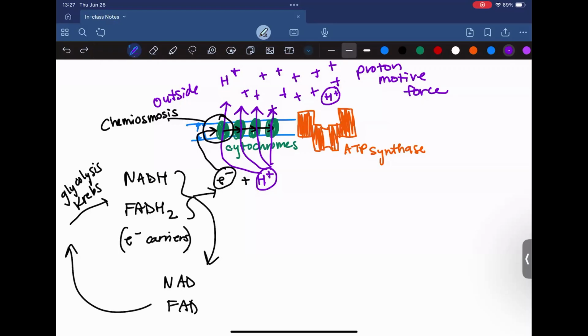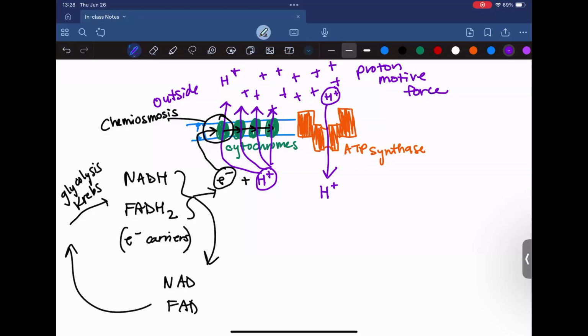Well, if it's way more positive outside than it is inside, what did we learn about diffusion? Well, it wants to equal out, right? And so because all those positives that are outside want to come back inside to equal things out, they do. They come inside. As those positively charged things move through this whole other protein, again, proteins are made of amino acids. They've got glycine, they've got leucine, they've got phenylalanine and whatever.